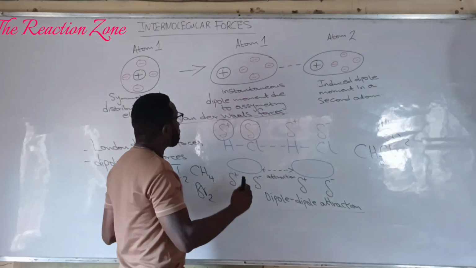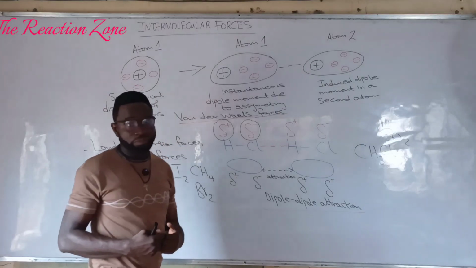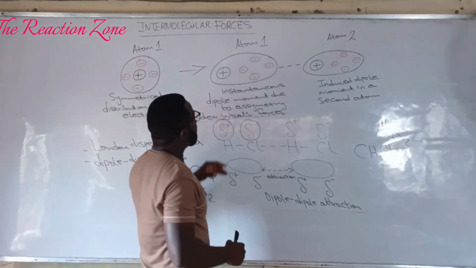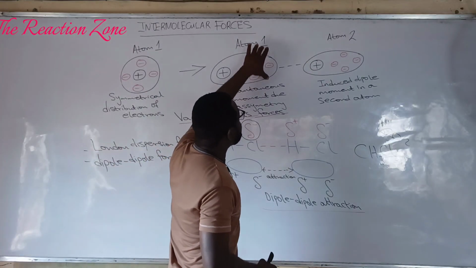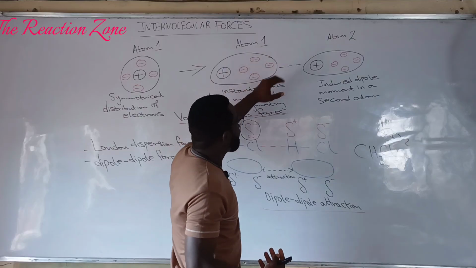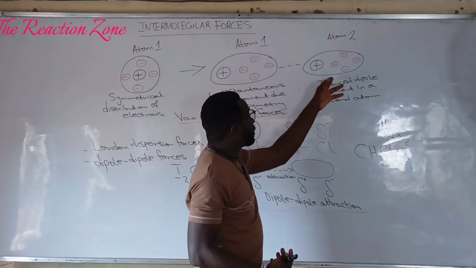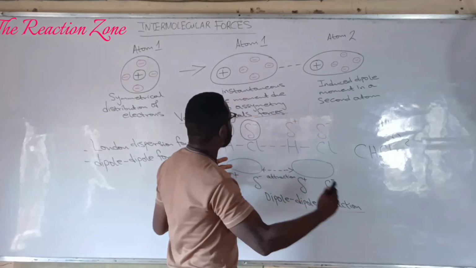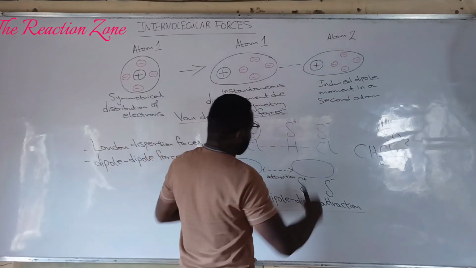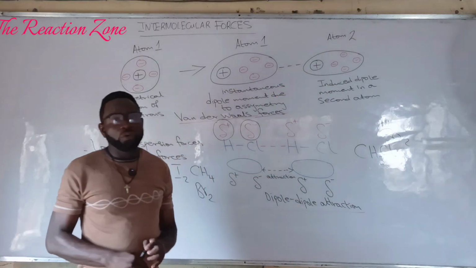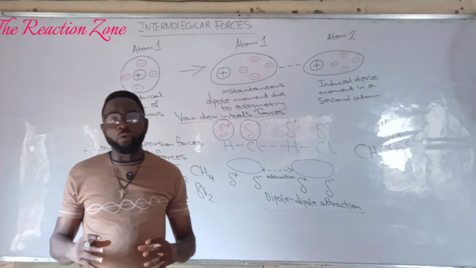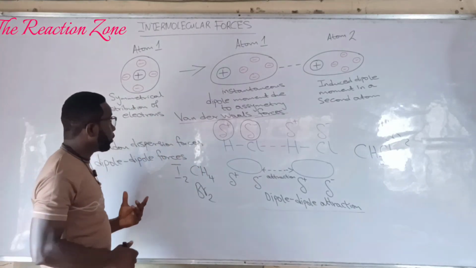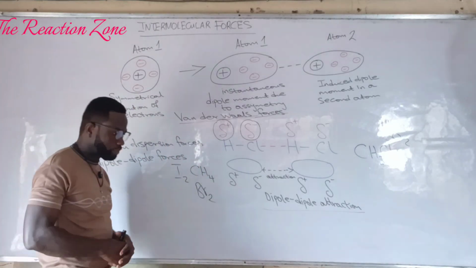This is as a result of the asymmetrical distribution of the electrons. And then you can see that atom 1 induces an instantaneous dipole in a neighboring atom, which in this case is atom 2. And when this happens, these atoms will be attracted to each other. So this is basically what happens in London dispersion forces.